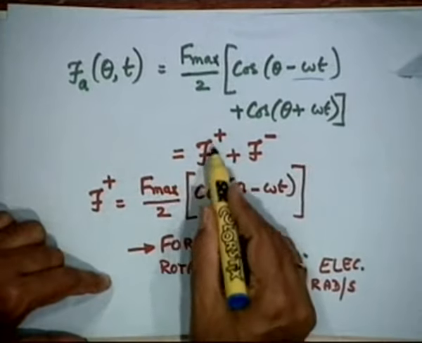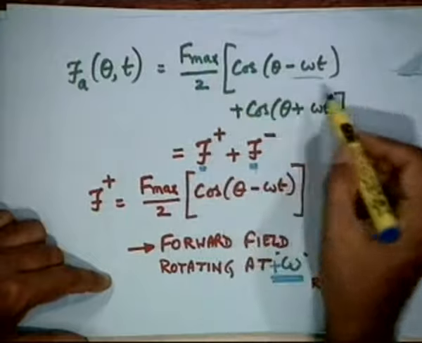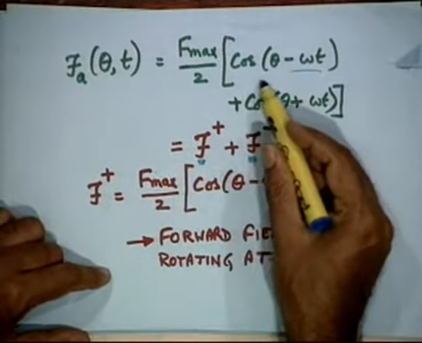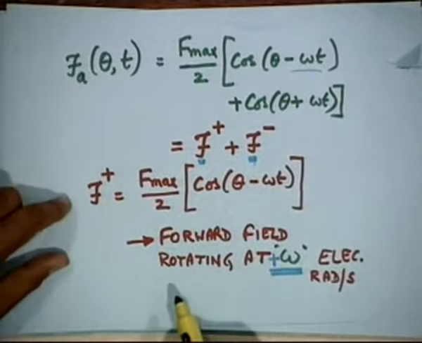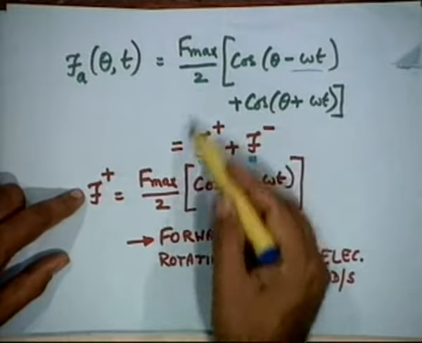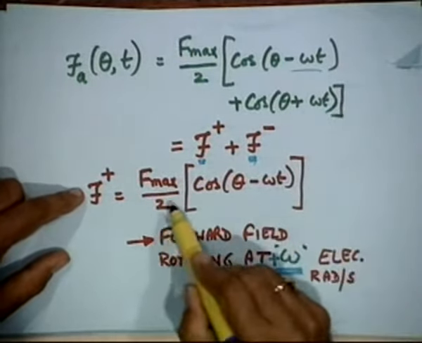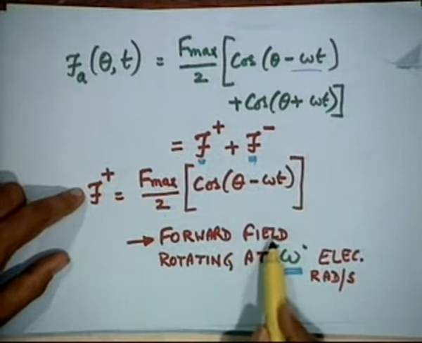So we call these f plus and f minus, because we are now representing two MMF patterns. What is f plus? F plus is F max by 2 cos theta minus omega t, the first term. This is called the forward field.